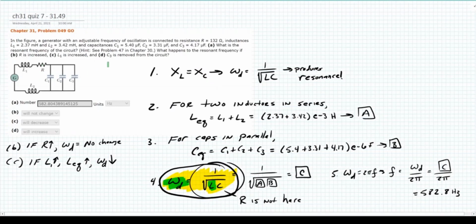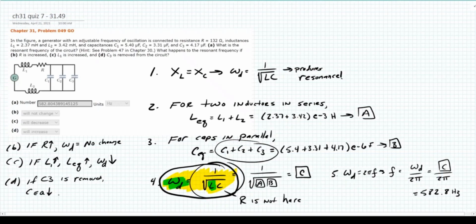What about D? What if C3 is removed from the circuit? So last but not least, D. If C3 is removed, my equivalent capacitance decreases.